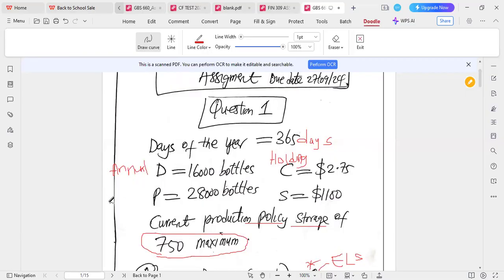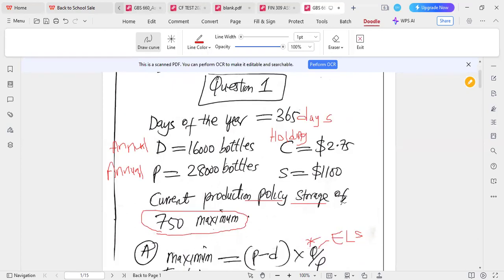P is annual production. C is the carrying cost or holding cost per unit per year. And S is our setup cost.